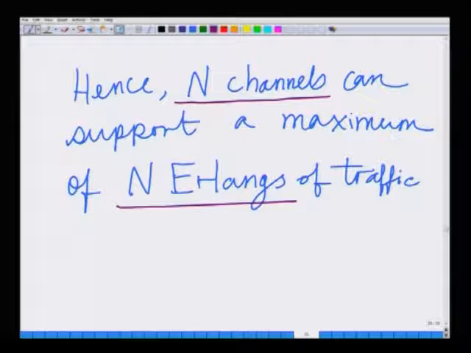Okay. Now we want to go into the teletraffic modeling aspect, that is, how do you actually model this teletraffic system.